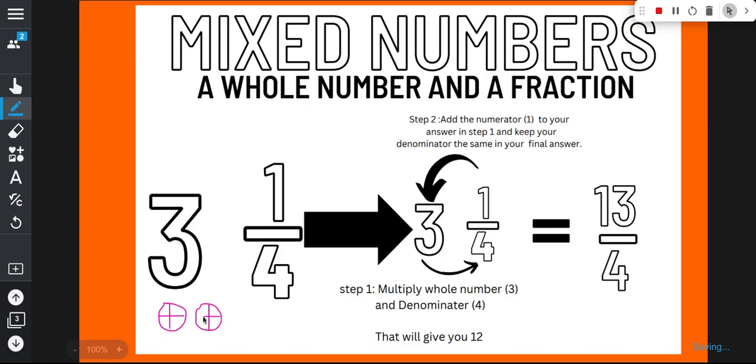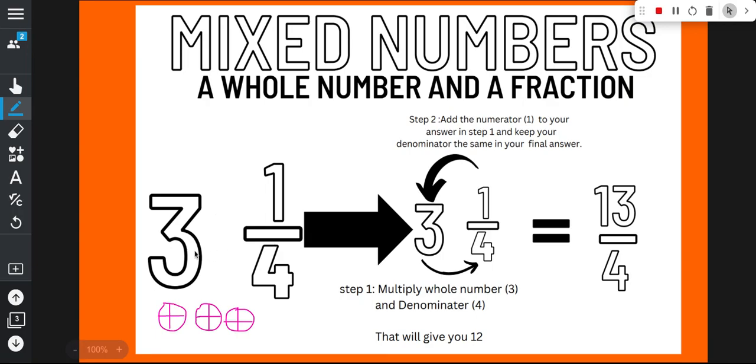So what I really have is 4/4, 4/4, and 4/4, 3 different times. So the true amount that I would have is 12/4 for this 3 whole.